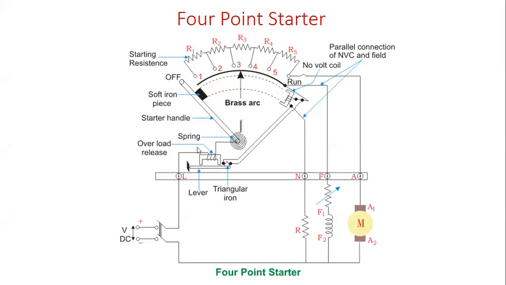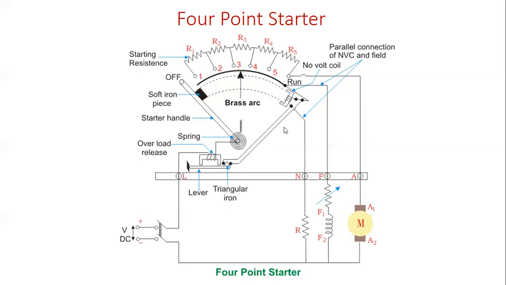This overload release coil will behave as an electromagnet, and it pulls the lever from the original position to the upper position. So the triangle iron piece gets attracted to these two terminals, and finally it leads to a short circuit. So the working is similar, right?